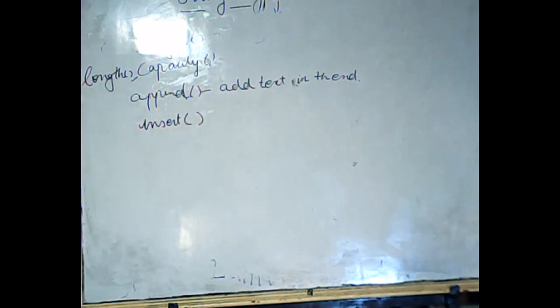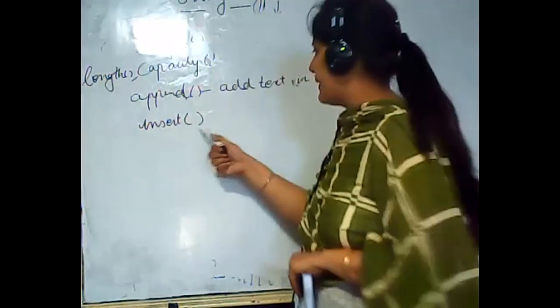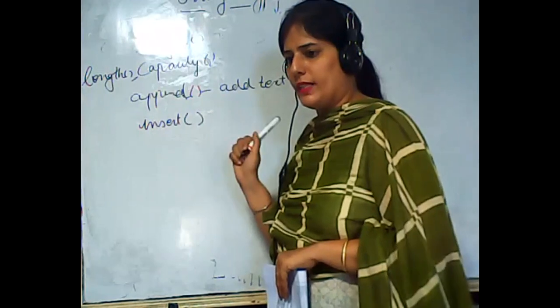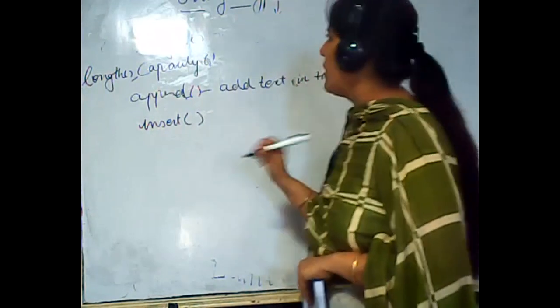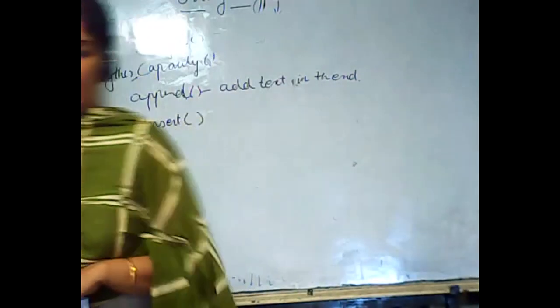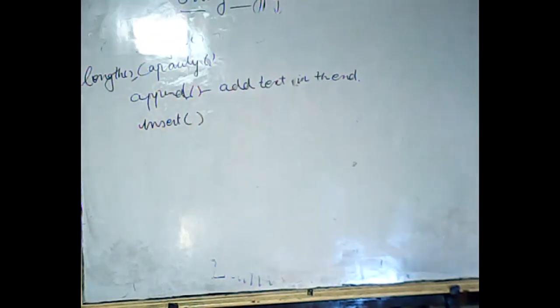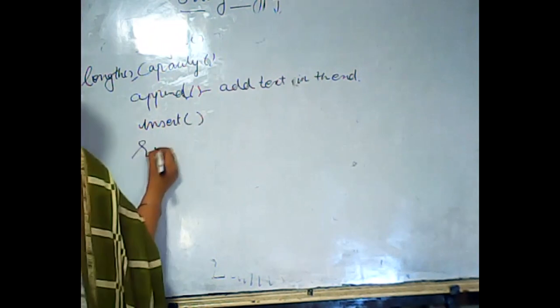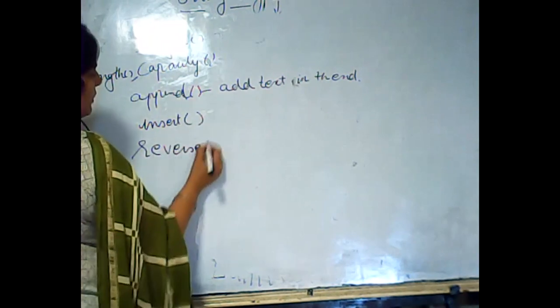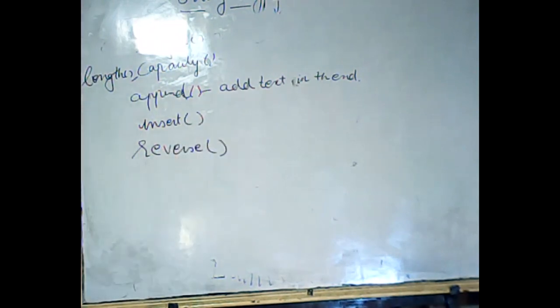If we want to insert some particular text at a specified index position, at that time we can use this insert method. This is also one of the StringBuffer methods that we can use, and we also have reverse, which will reverse your string if we use this method.